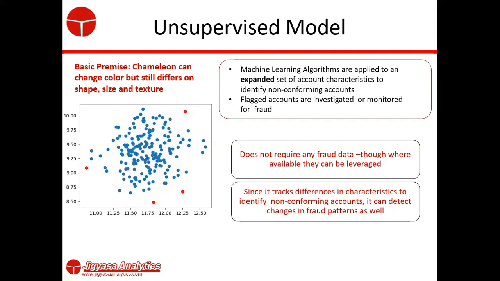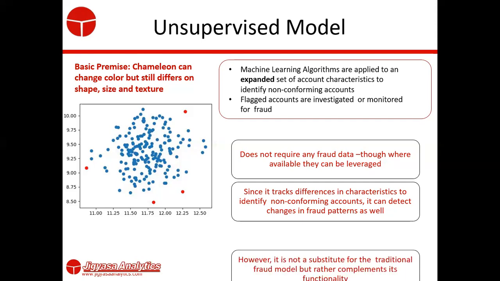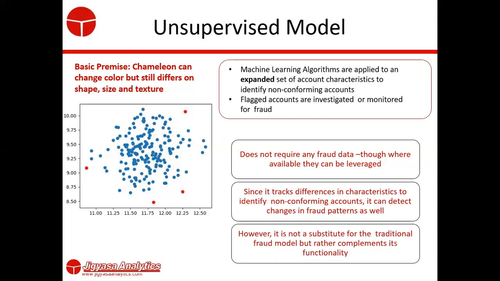So it is not as susceptible to changes in fraud pattern. However, I must say that it is not a substitute for a traditional fraud model at all, but rather we should look at these as complementary tools. We do all of this to fight fraud.